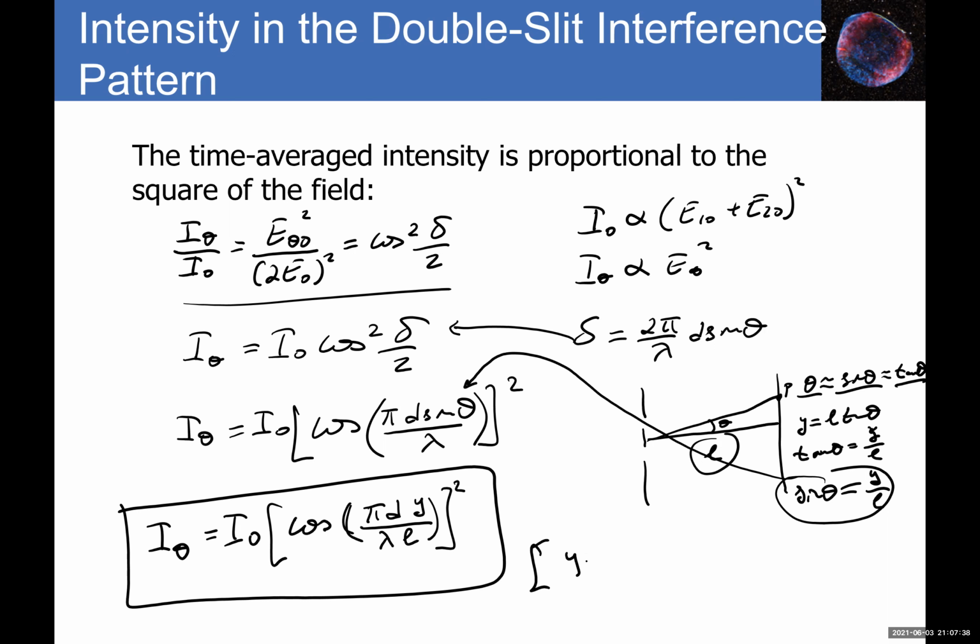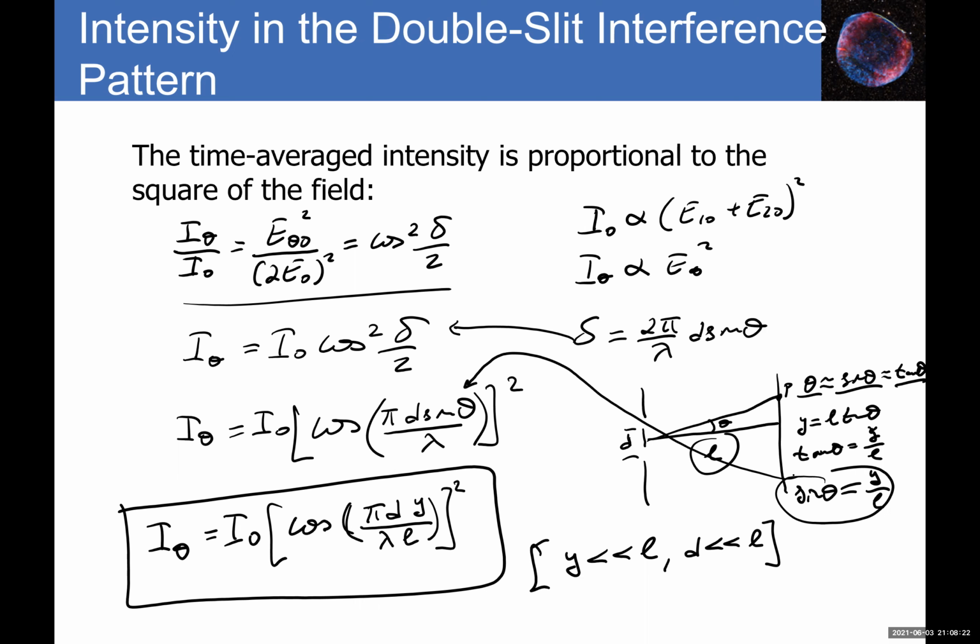That means y is much smaller than L, and also d is much smaller than L. This d, the distance between the slits, is very small compared to L, because the slits and the screen are generally around a meter, maybe a meter and a half apart, while the slit distance and the vertical position y are generally in millimeters or micrometers. So they're always much smaller than a few meters for L.